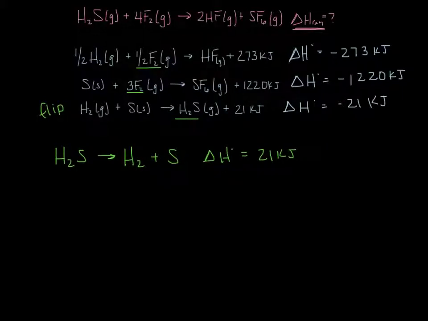So now I'm going to look at my F2. And I'm actually going to skip my F2 because I have two equations with F2 in it. I have two reactants and two products, but three equations.